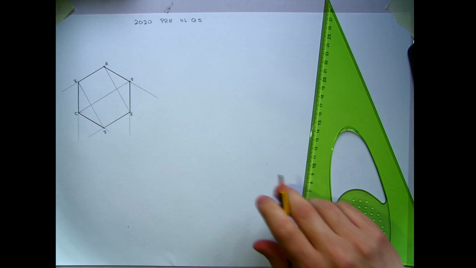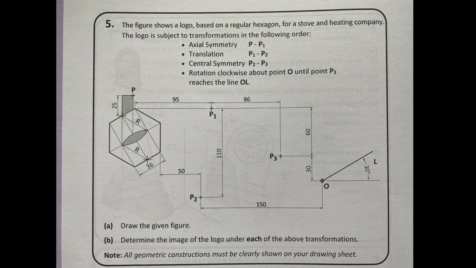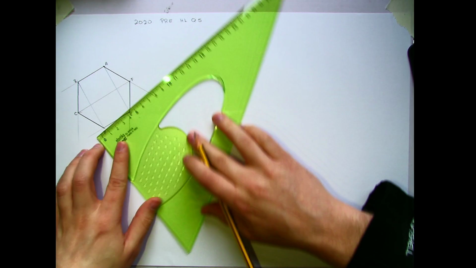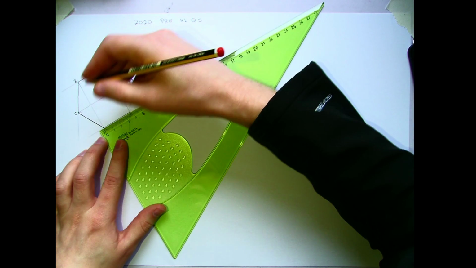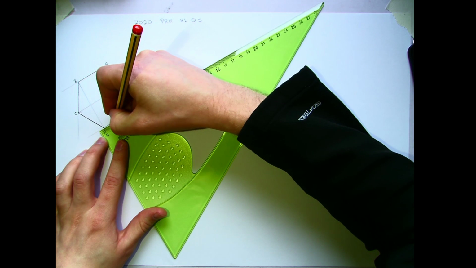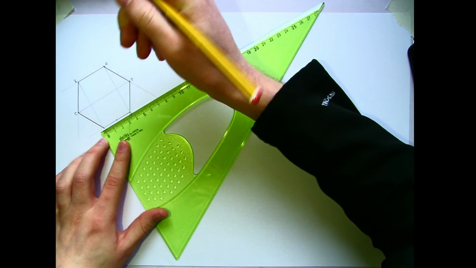Now if you look at the question, you will see that what I'm doing there is I'm finding the start point for those arcs. I don't know the radius. I have the center point, and I now have two end points on it also. So the center point is going to be halfway along the line DE, so 18 mil.